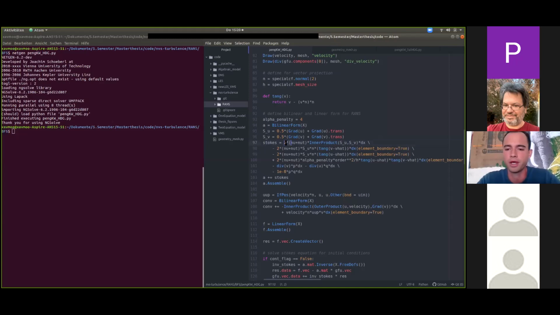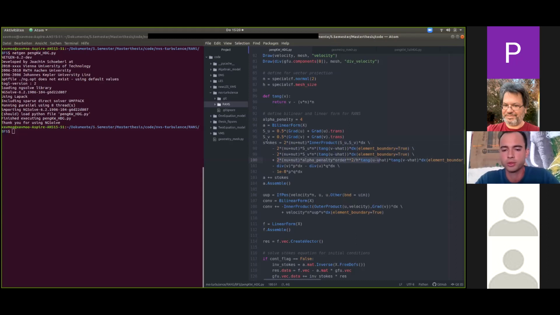So here we have the integral over each element. Here we have this new term in order to get our tangential continuity. In order to have consistency, we have to symmetrize, and also have a penalty term.